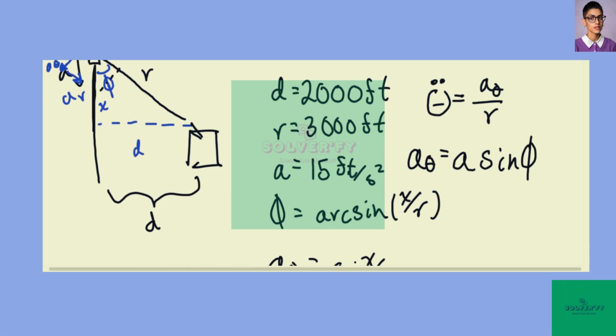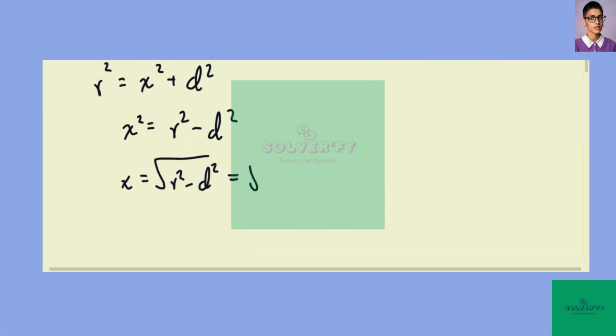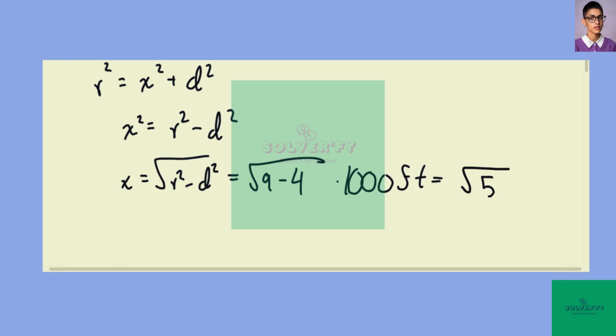If we plug in, these are both 1,000 feet times 2 and 3 respectively, so we can pull out the thousands. That's 3 squared, which is 9, minus 2 squared, which is 4, times 1,000 feet, which is just root 5 times 1,000 feet.